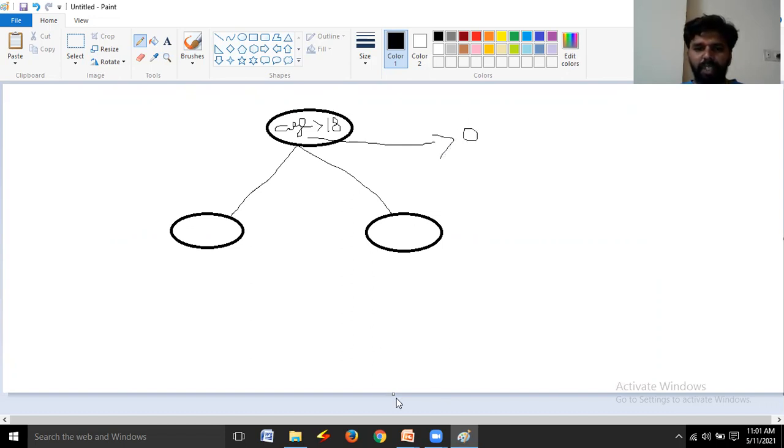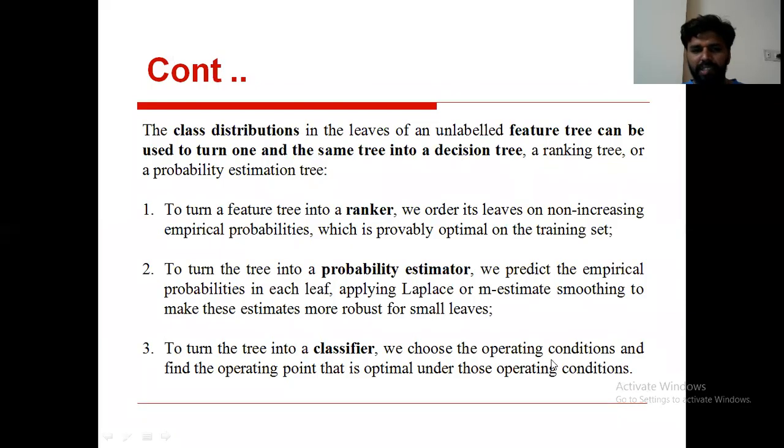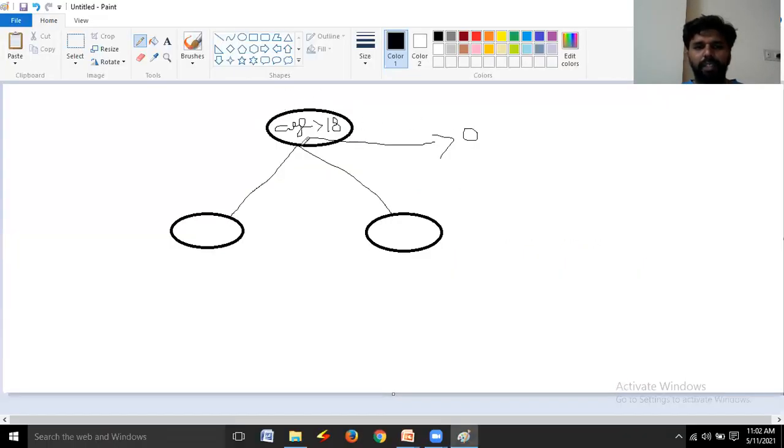What we observed here is that we choose operating conditions. Without this condition, how can we split this node into child segments? This is what an operating condition is, right? Based on this, the segments are constructed.